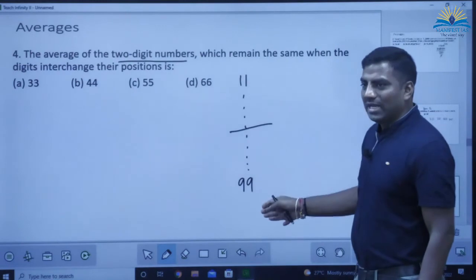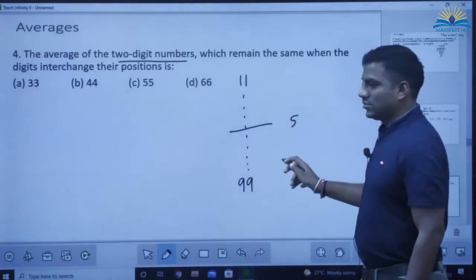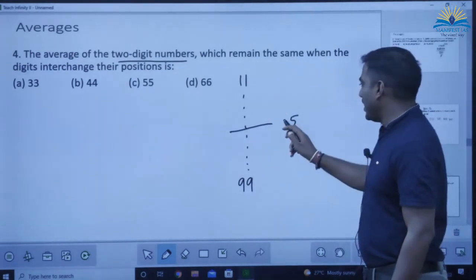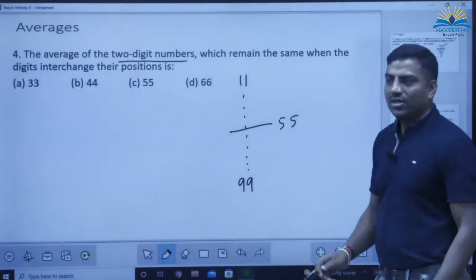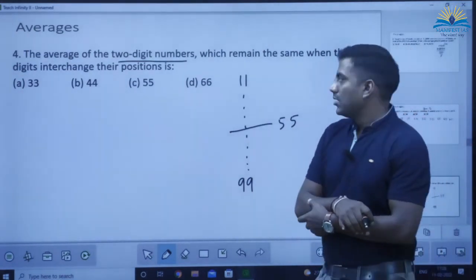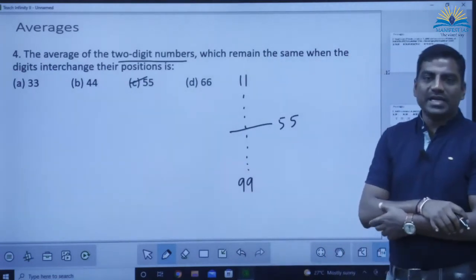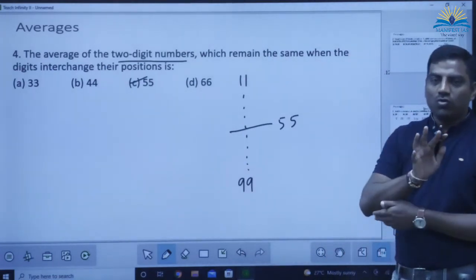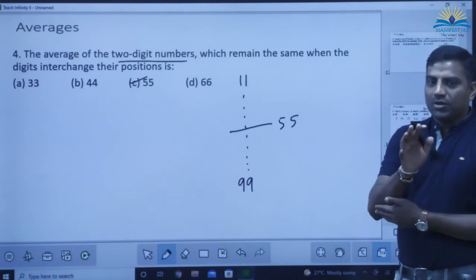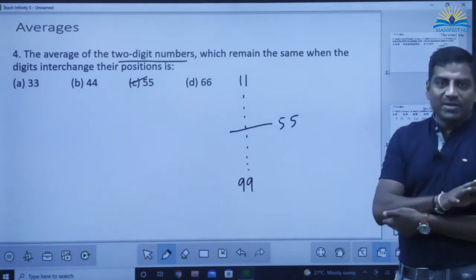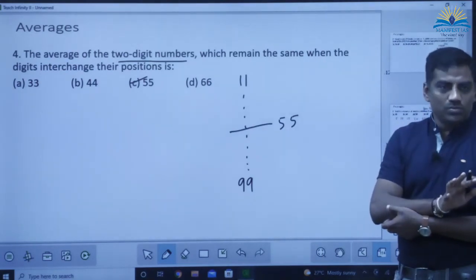Just treat like 1 to 9. 5. This is 11, this is 99. So this is 55. 11 is the first number, 99 is the last number. If you want to use that formula, 11 plus 99 divided by 2, you will get 110 by 2.